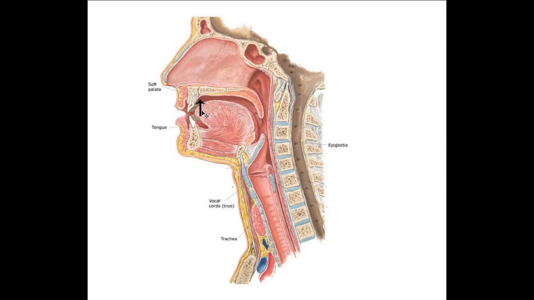Now, there's some other sounds that we get if we move our tongues a little bit back, and this portion of the tongue, if we put it at the top of our hard palate, we can say j.